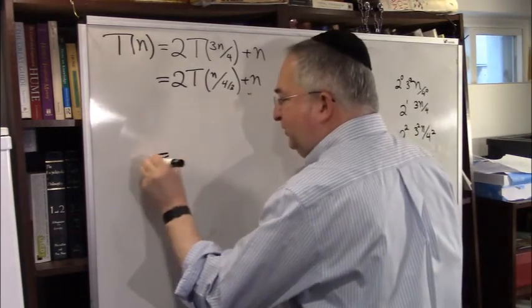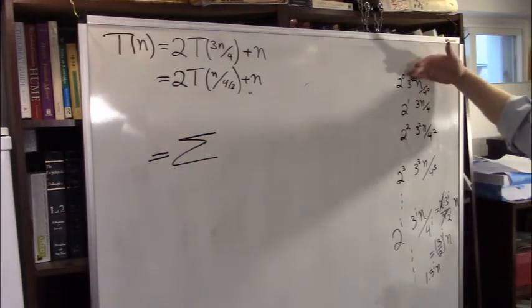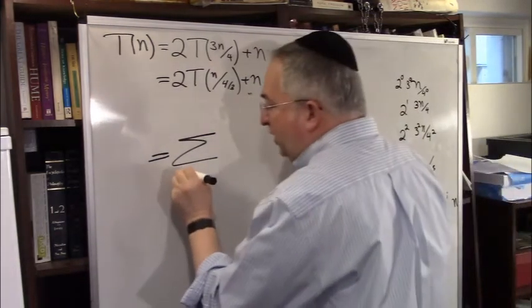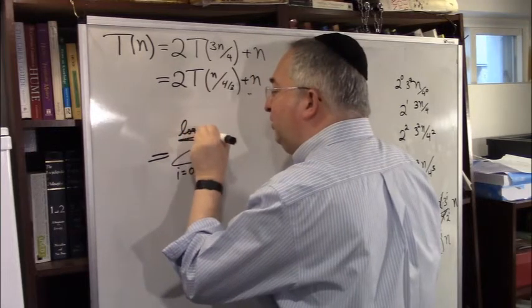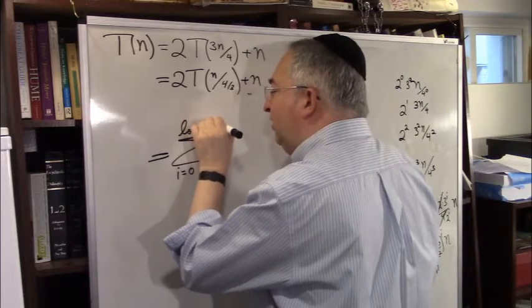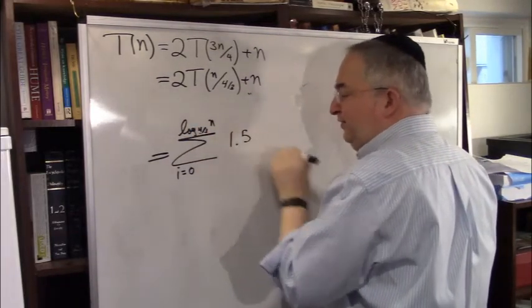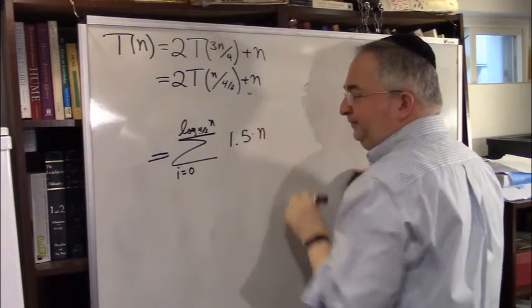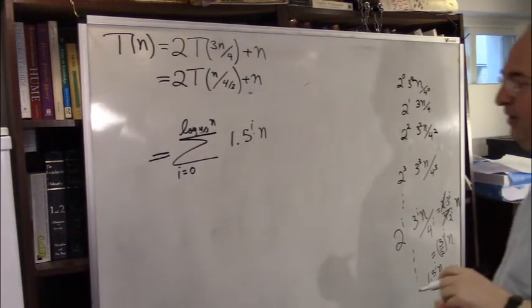This is equal to the sum, starting from i equals 0 going to the height of the tree. What's the height of the tree? i equals 0 to log base 4 over 3 of n. And each one is equal to 1.5 to the i times n.